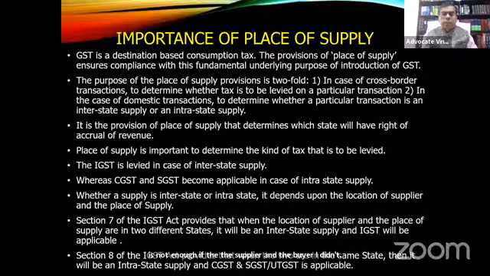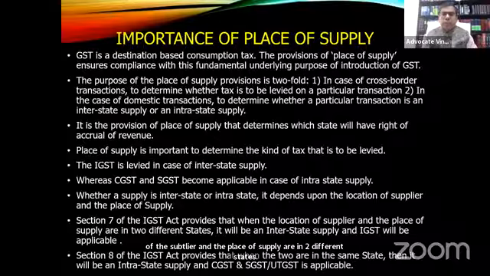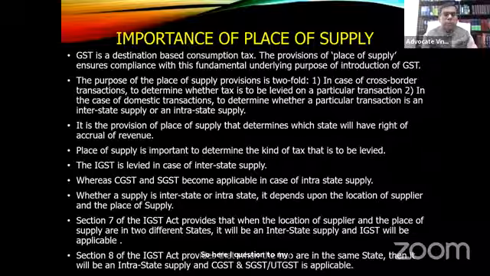What is important is to determine whether the location of the supplier and the place of supply are in two different states. So here I pose a question to my viewers or the participants: whether it is possible to undertake an inter-state transaction if both the supplier and the buyer are in the same state. What is your view?